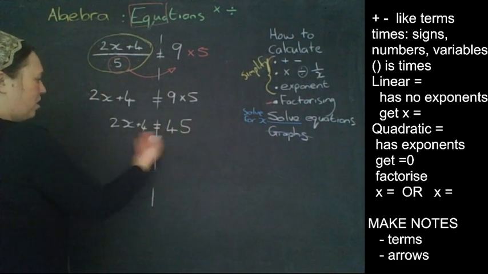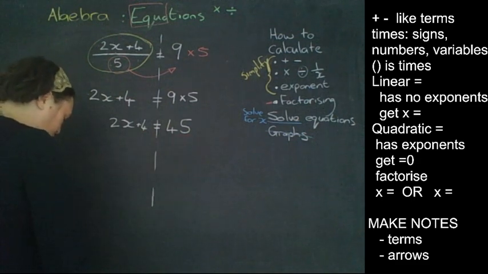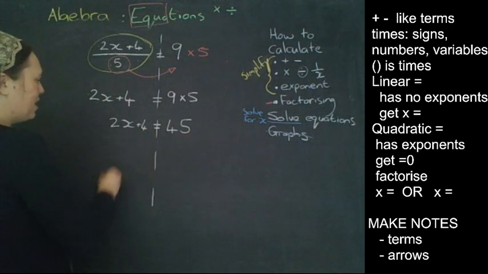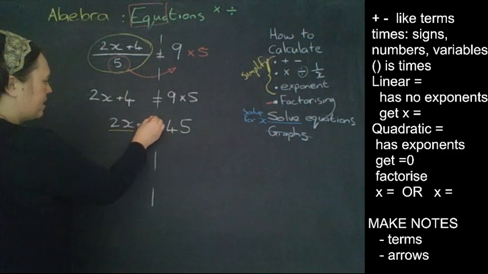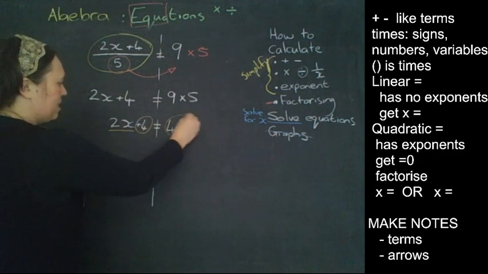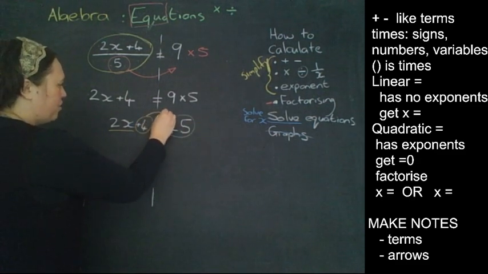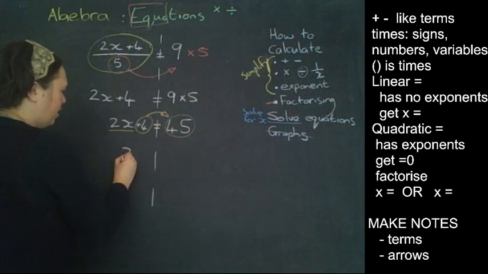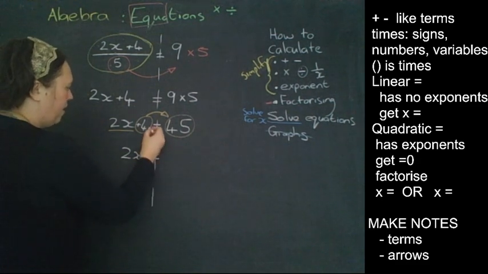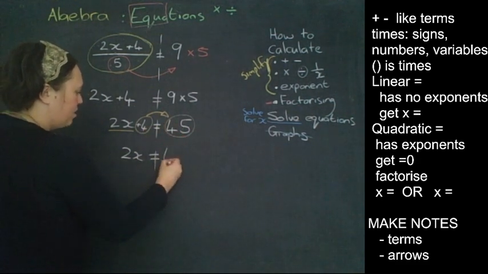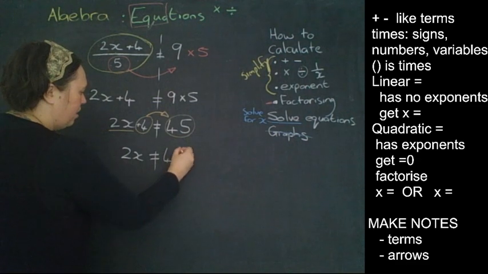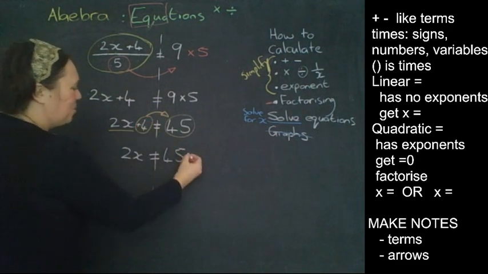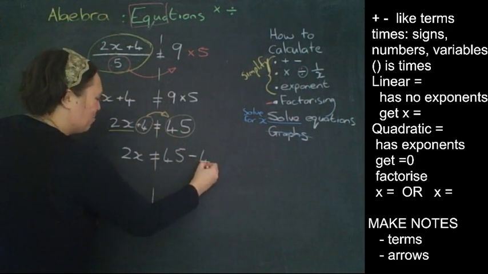Okay, so now we've got this one. What terms have we got? We've got an x and we've got numbers. So that one goes to the other side. So we have 2x equals, and we've got a 45. We're moving a 4, so it becomes negative.